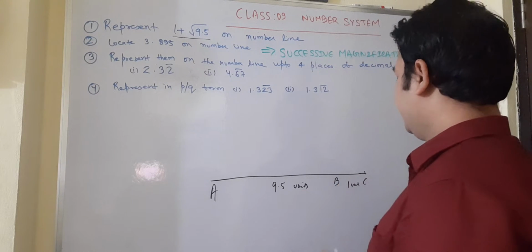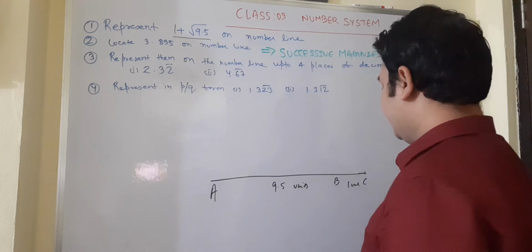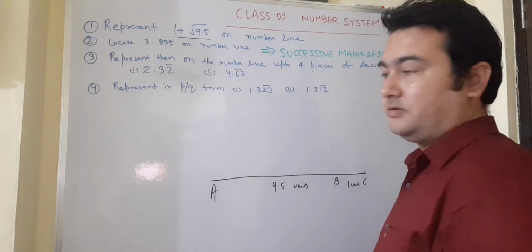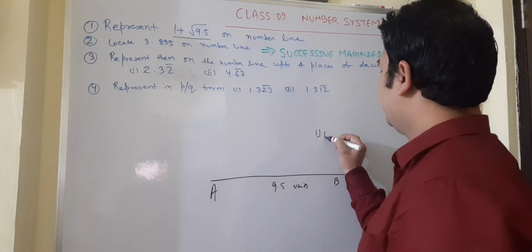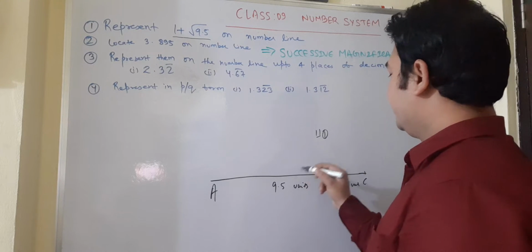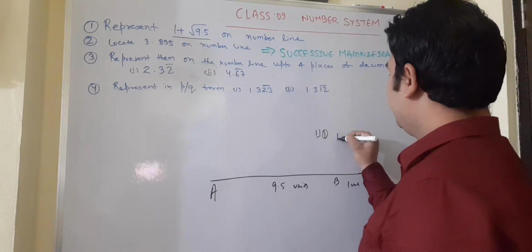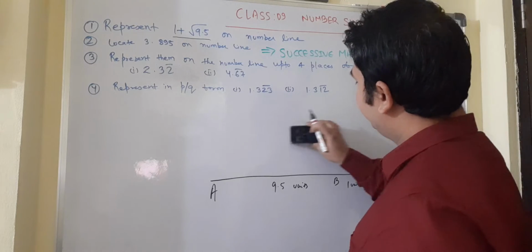This unit can be centimeter, then this will also be in centimeter. If you are taking it in inch, then it will also be in inch. The unit should be uniform. If you are taking 2 centimeters as 1, everywhere this 2 centimeters should represent 1 unit. So the marking should be uniform.